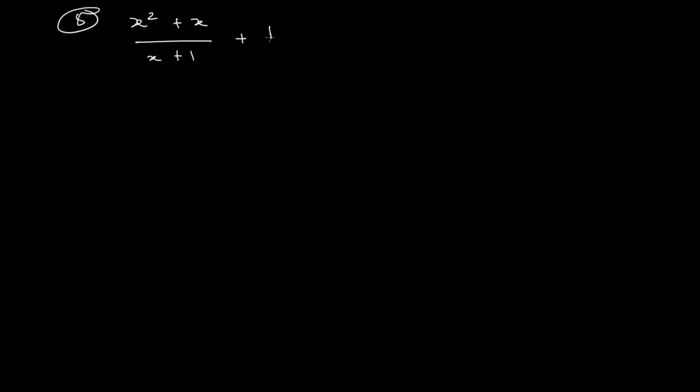Remember I gave an example where, if they say find the limit as x approaches -1 for this equation, which is x squared plus x plus 1 over x plus 1, you cannot just put in this value here, because that gives you 0 in the denominator. So it will be undefined because you can't divide by 0.